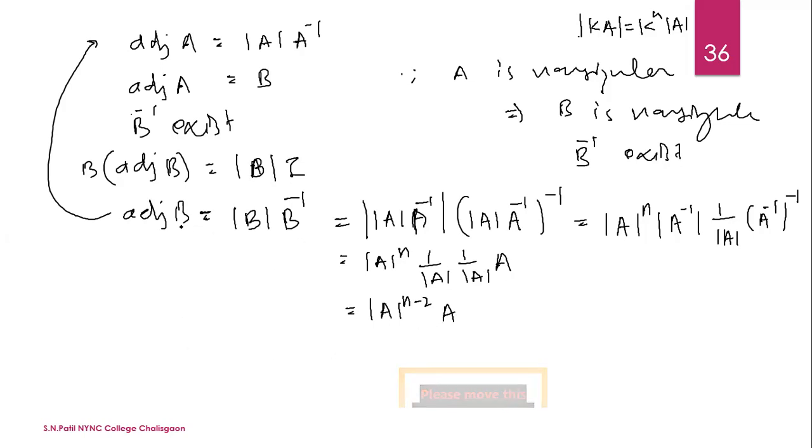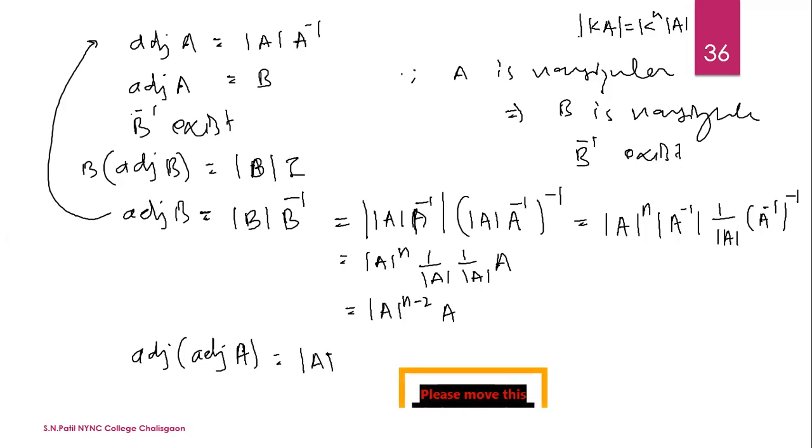What is the B here? B is adjoint of A. Because the value of B is adjoint of A, we substitute here, and the right hand side is determinant raised to n minus 2 into A. This is the required proof.